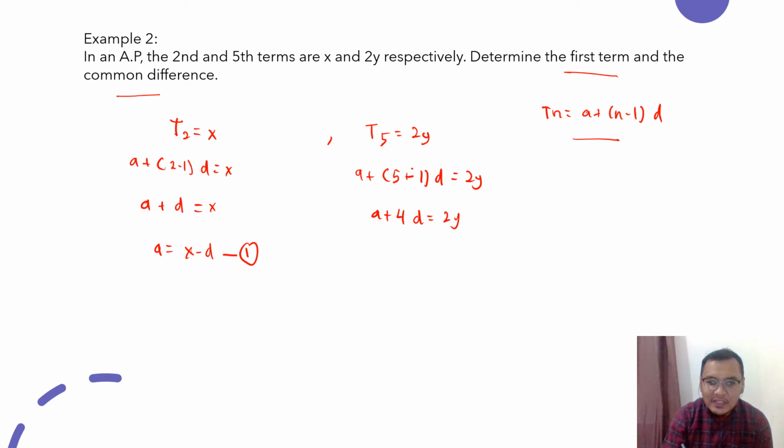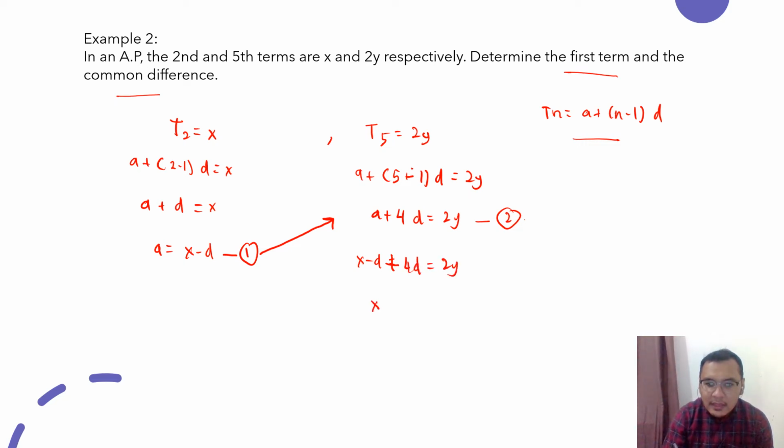So the first equation we can substitute into the second equation. Just substitute x minus d into the second equation, which is x minus d plus 4d equal to 2y.